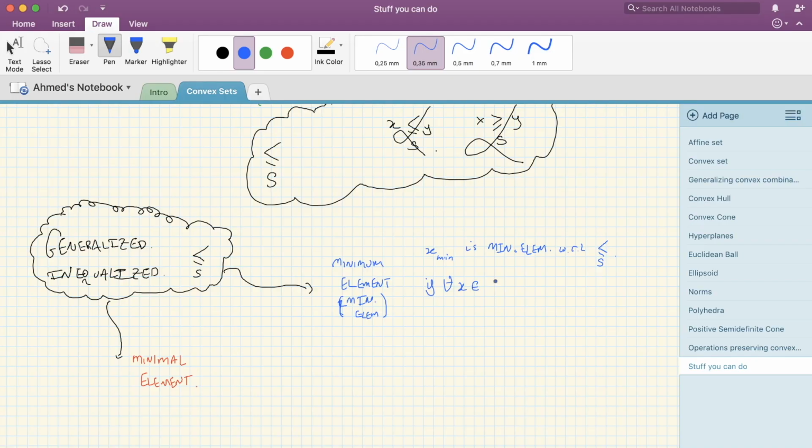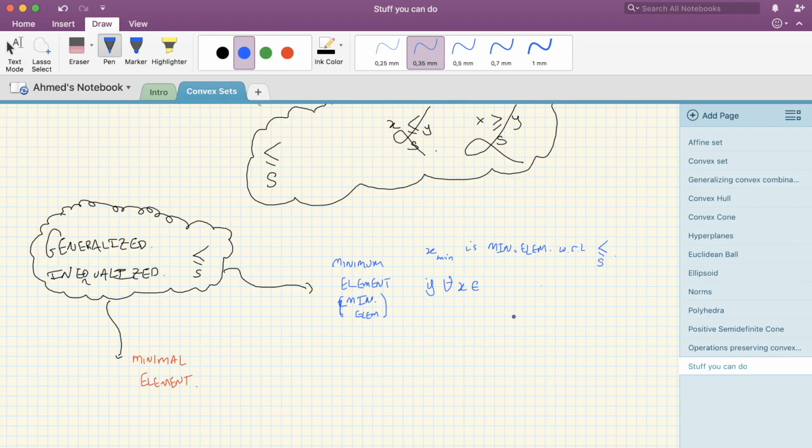Not in S, because S is a proper cone. I define the generalized inequality with respect to a proper cone, but my elements need not come only from S. You get what I'm saying?